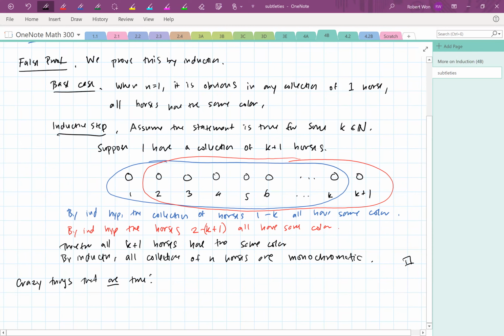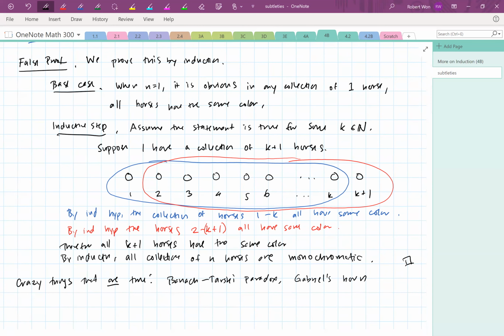Like the Banach-Tarski paradox, you should look these things up. You don't have to, but you could. From calculus, maybe you learned about Gabriel's horn, which is sometimes stated as: there exists a surface that you could fill with a finite amount of paint, but you could never paint the entire surface. It has finite volume, but infinite surface area.